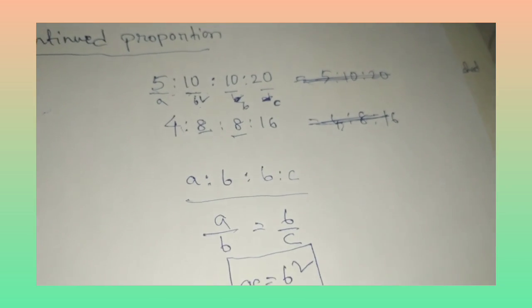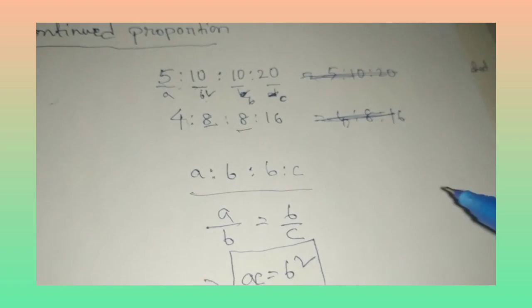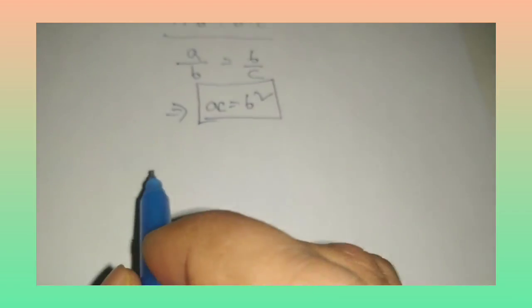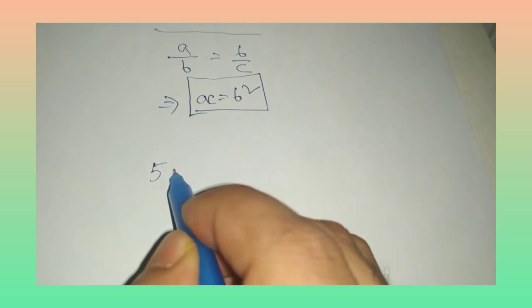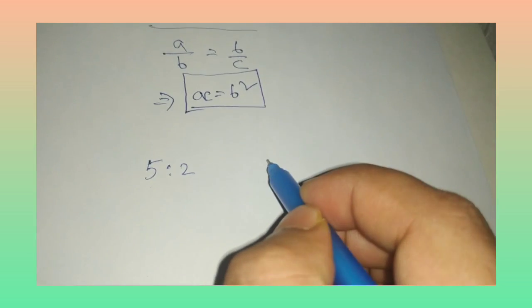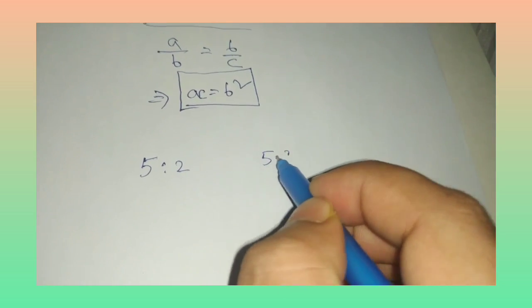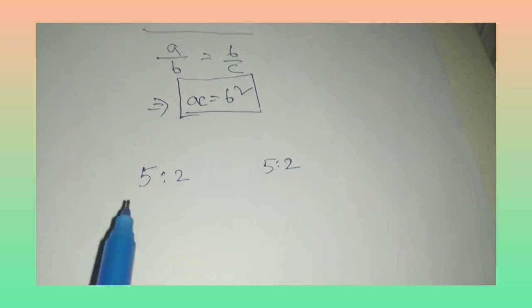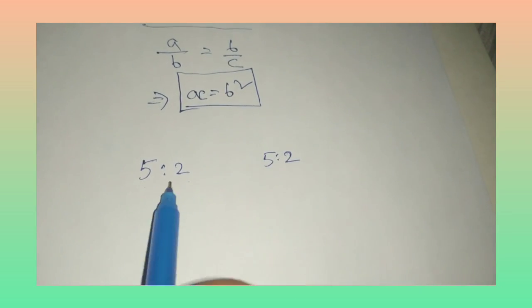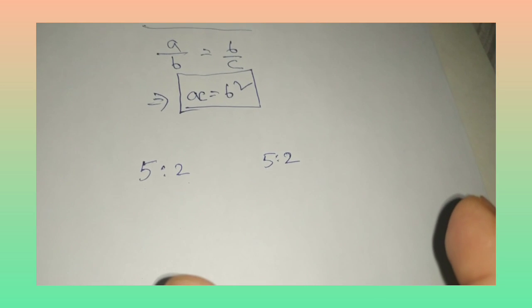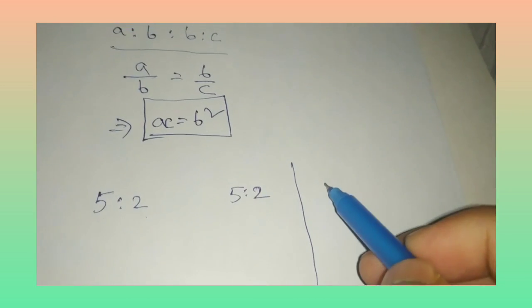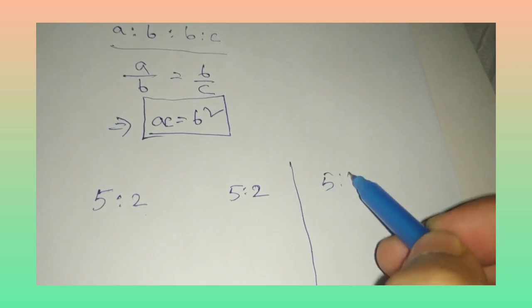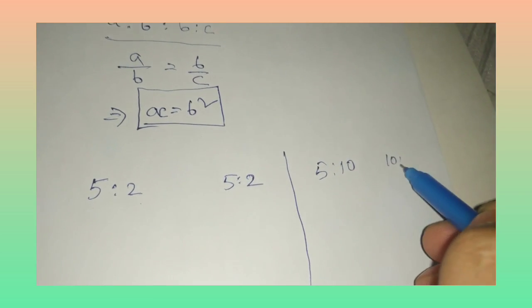I'm again telling the difference between proportion and continued proportion. Proportion can be of this kind, 5:2, 5:2, where not necessarily the second and the third quantity will be the same. But in continued proportion, 5:10, 10:20.